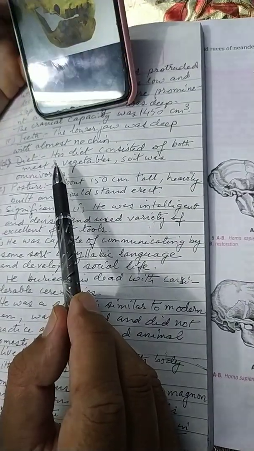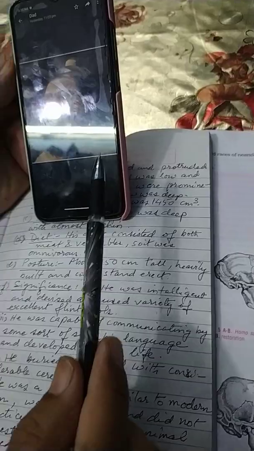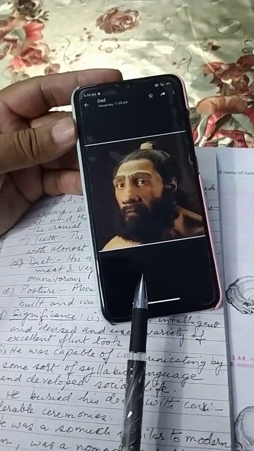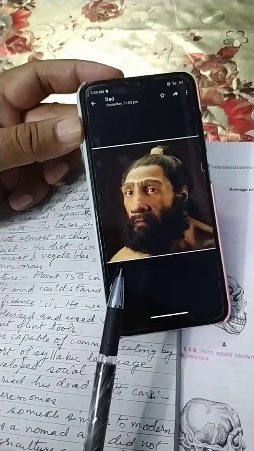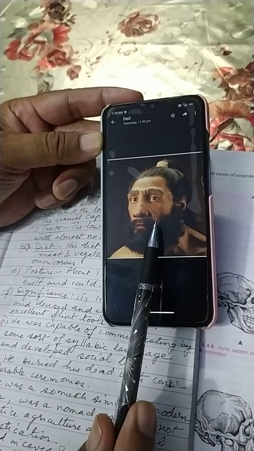The diet of this one consisted of both meat as well as vegetables, and this kind of man was omnivorous.